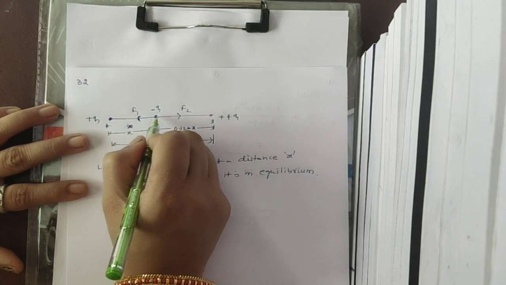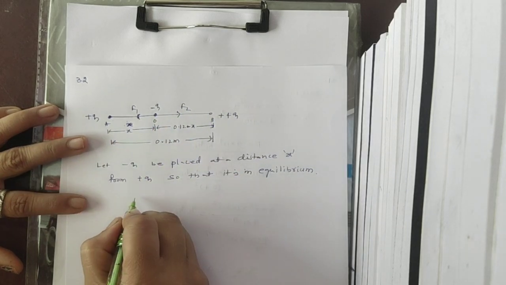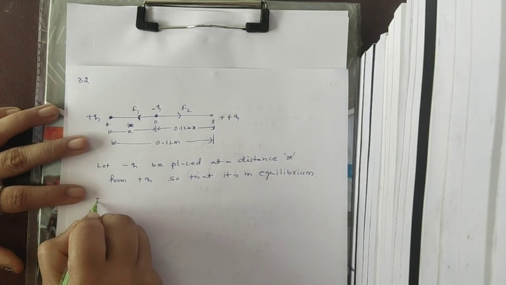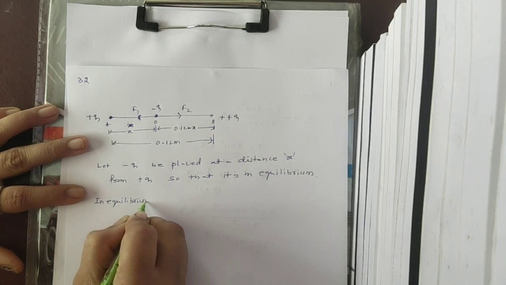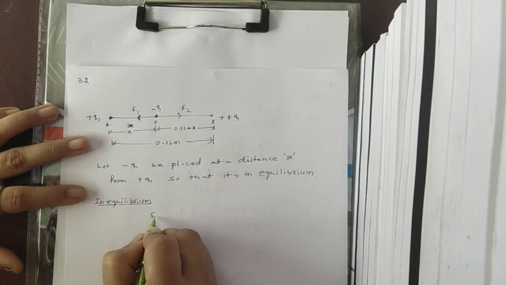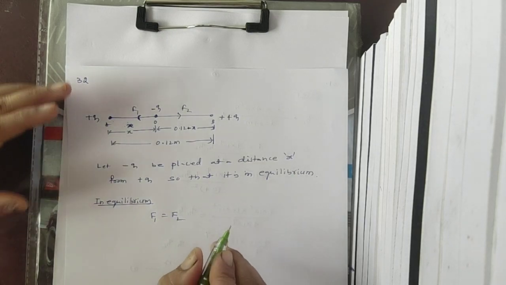F1 and F2 are on the same straight line but in opposite direction. Therefore, F1 plus F2 will be 0. Or in equilibrium, F1 is equal to F2.